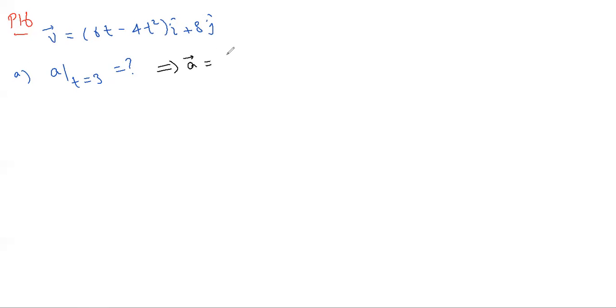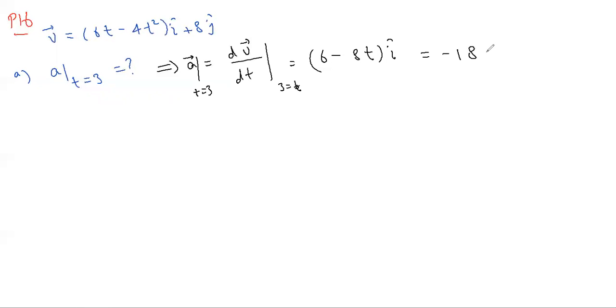A is equal to dv by dt at t equal to 3. By taking the derivative of this function, the j component turns out to be 0, and the i component is 6 minus 8t. So 6 minus 24 gives minus 18 i hat meter per second square.